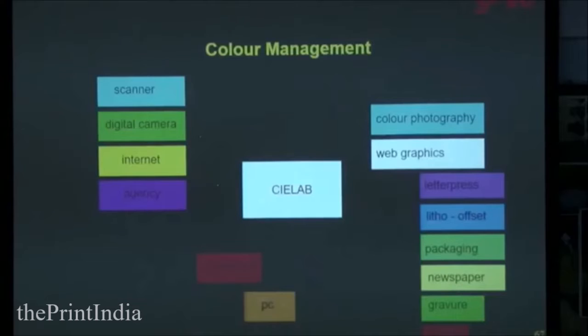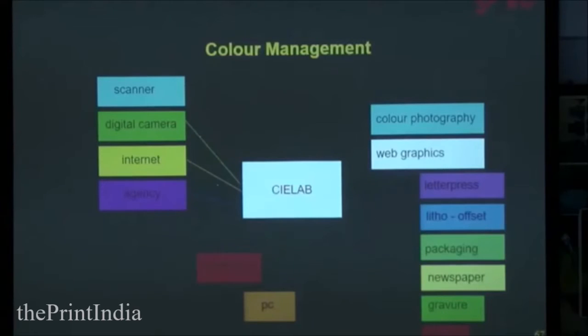This interpreter is in the form of CIE LAB, what we discussed last time, or LCH. Any color coming from anywhere goes through this box, this interpreter, because any color can be expressed in terms of LAB. RGB cannot be converted into CMYK directly. It has to be converted to LAB, and LAB will then convert into CMYK.